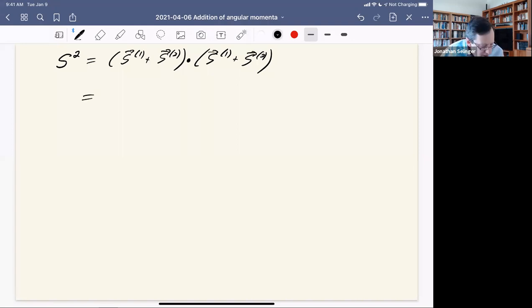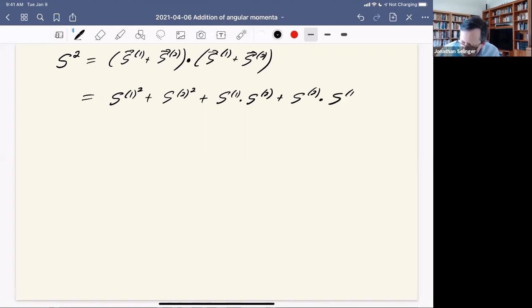So this is S1 squared plus S2 squared plus S1 dot S2 plus S2 dot S1.